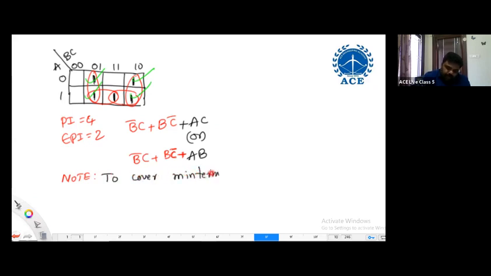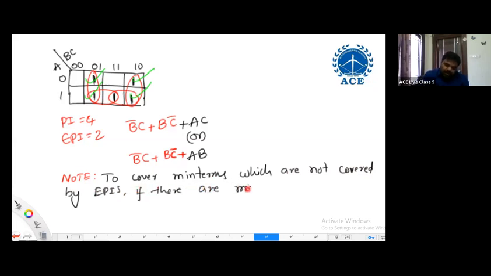Everyone should understand. To cover minterms which are not covered by EPIs, if there are multiple ways, not only multiple ways, with minimum complexity, that is important.